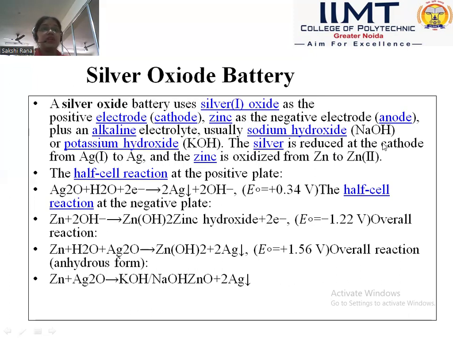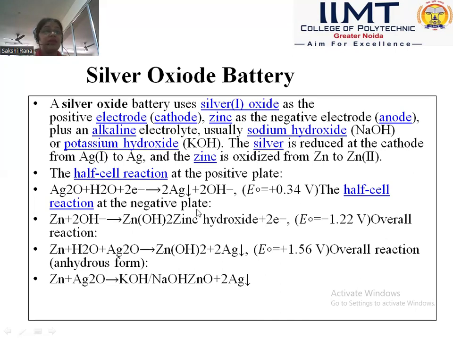The silver is reduced at the cathode from Ag+ to Ag, and the zinc is oxidized from Zn to Zn2+. The half cell reaction at the positive plate, at the positive terminal or the cathode: Ag2O plus H2O plus 2 electrons. It means that here 2 electrons are absorbed, which are released from the other electrode. Gives 2Ag plus 2OH-.